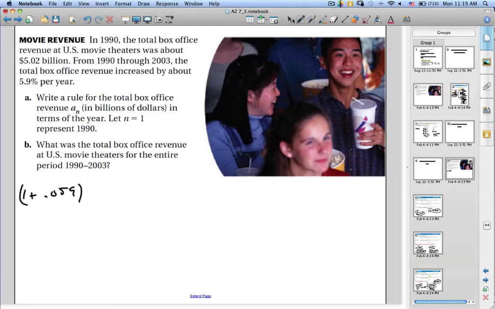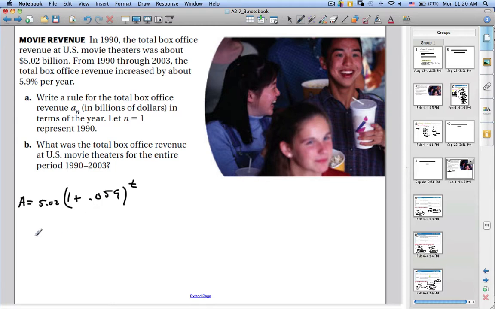Okay, so if I wanted to write this as an exponential function, I know that my amount would be 5.02 times 1 plus 0.059 to the t power, if it's per year. So this is kind of what it would look like, right? And in this particular case, if I want to go ahead and write this out, I know that this is my first term, and I know that this is my common ratio.